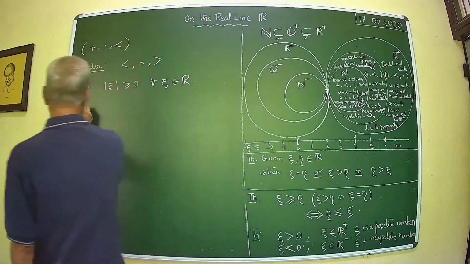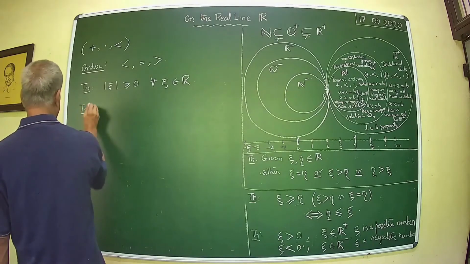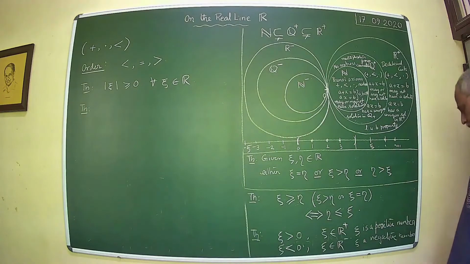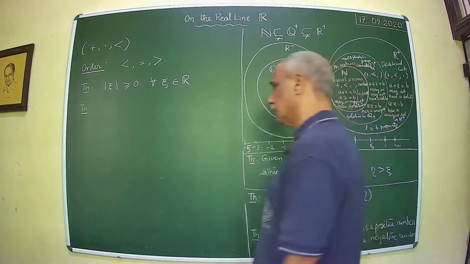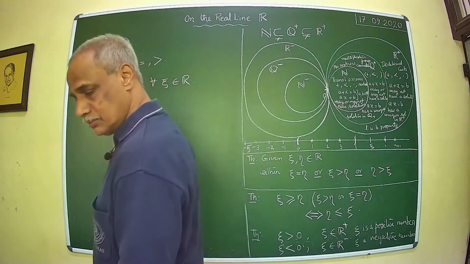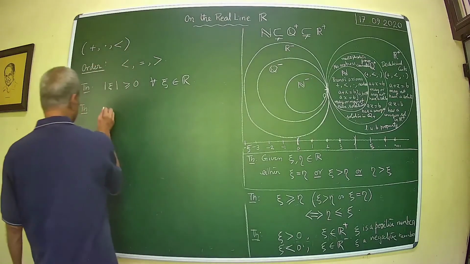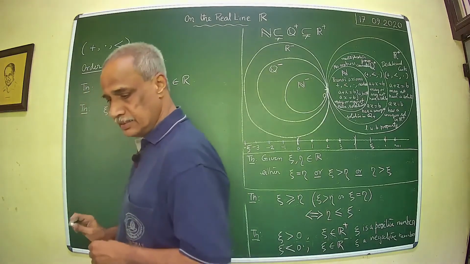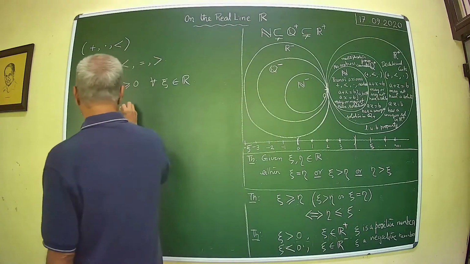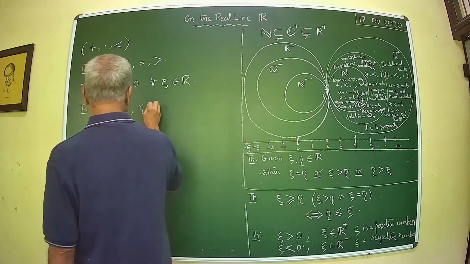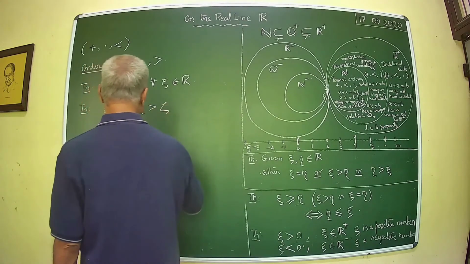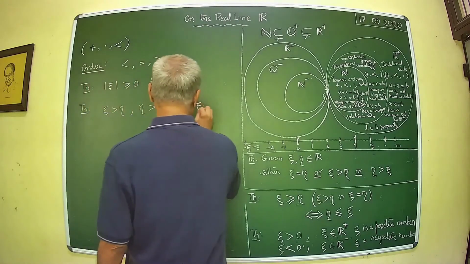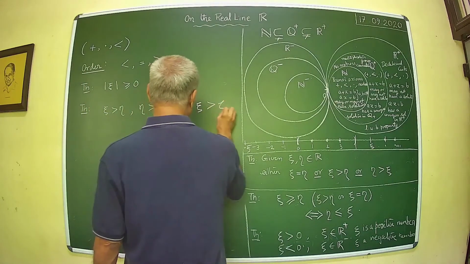Now we have the transitivity property extended. Yeah, you know that there is a transitivity property on R plus. So you can extend it here. So what you have? You have psi greater than eta and eta greater than zeta implies psi is greater than zeta.